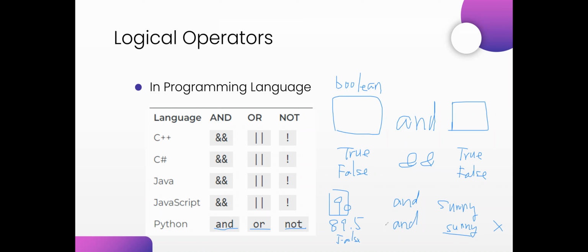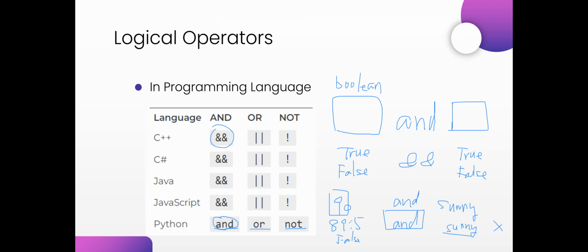But when you use and, both conditions have to be true, then the whole thing will be true. So you have to satisfy the 90 and this. Both conditions have to be true, then you can go outside to play. So this means the and. In Python, you will see the and, okay?